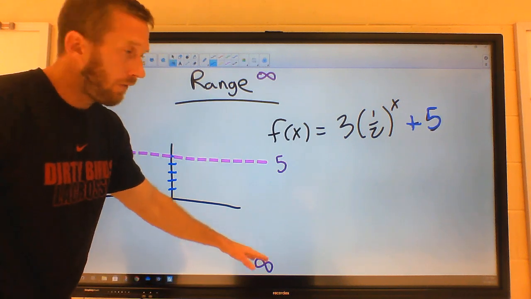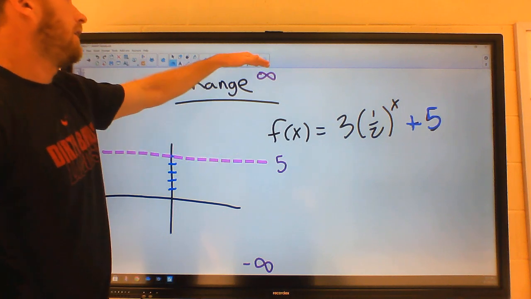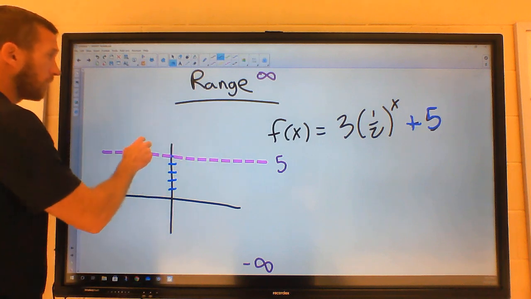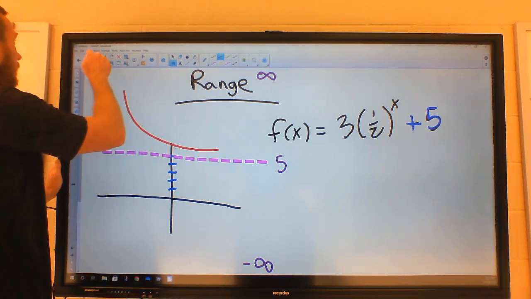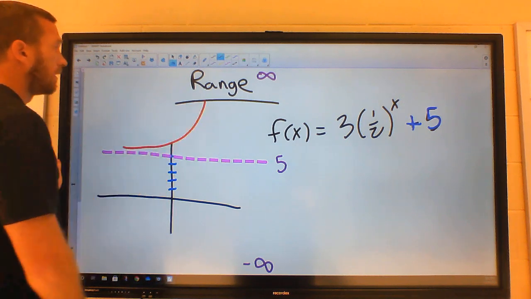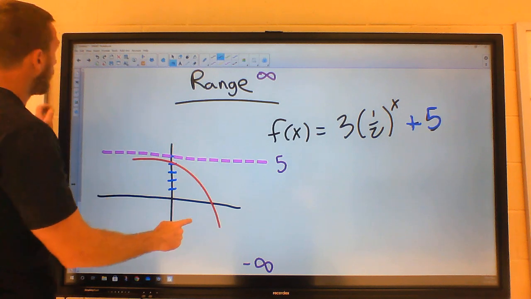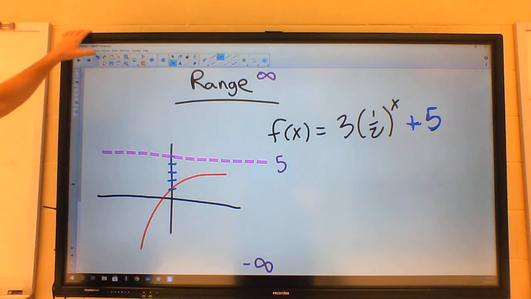Start at the bottom, negative infinity, and goes to 5. That's one option. Or starts at 5 and goes up to infinity. That's the second option. My function can either be above it, and this is decay, above it, and it's growth, or below it as one of my 2 neithers.